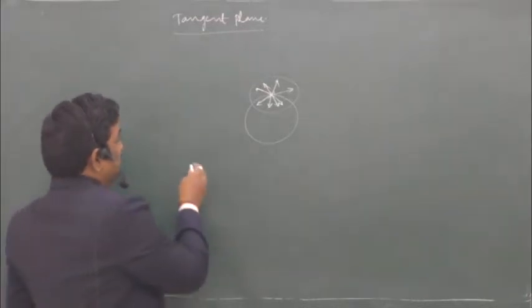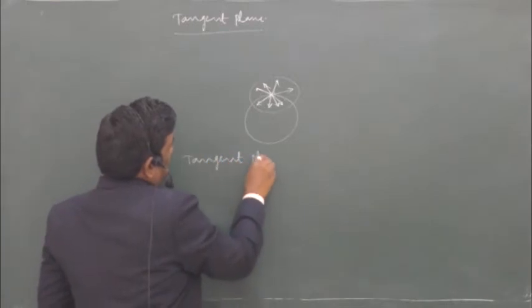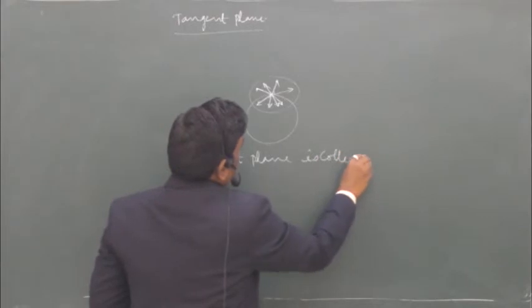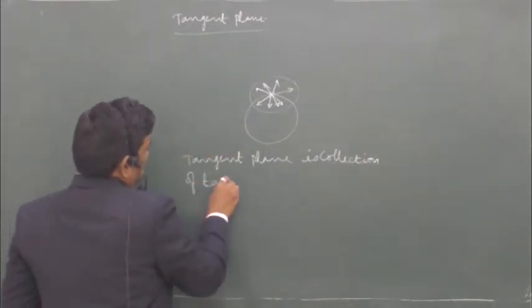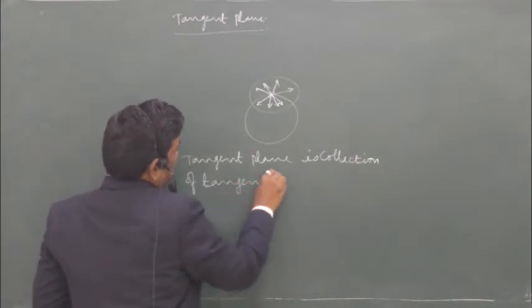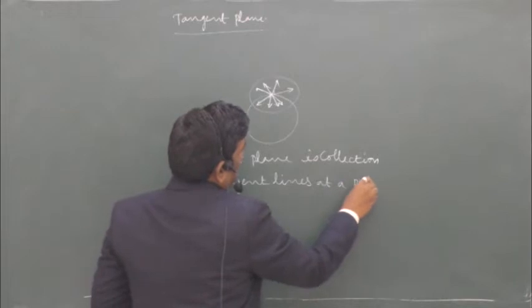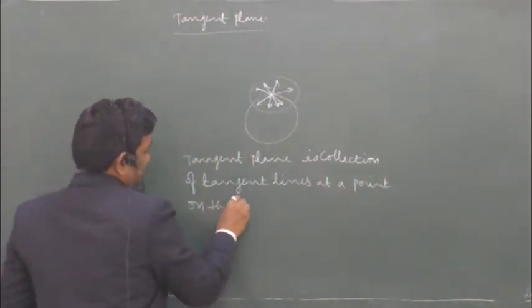So tangent plane is the collection of tangent lines at a point on the given surface.